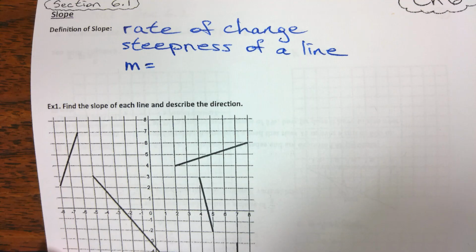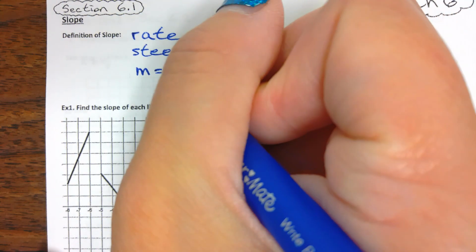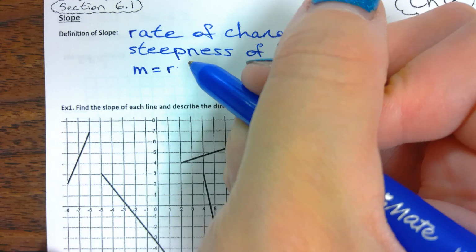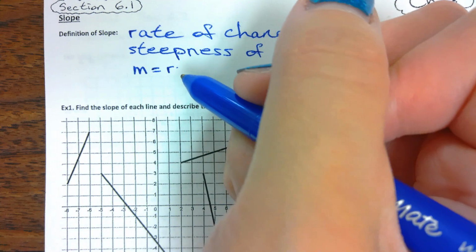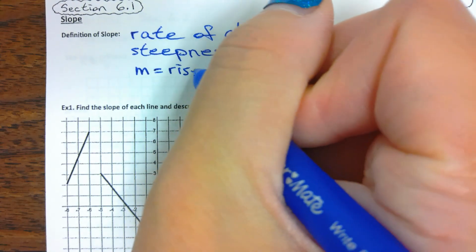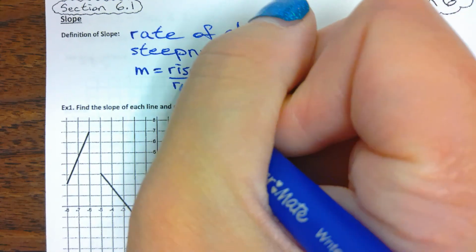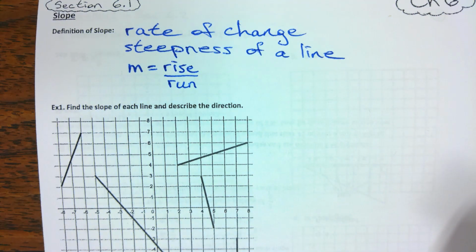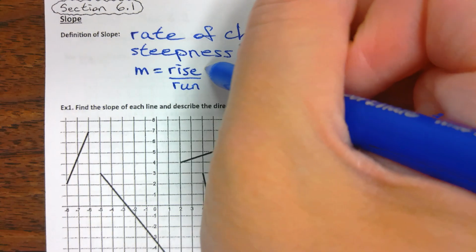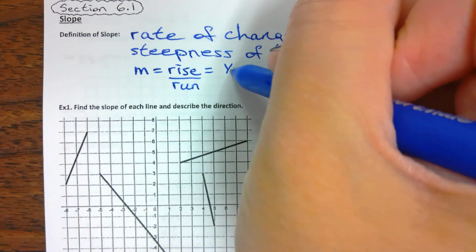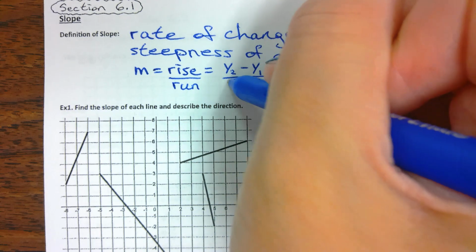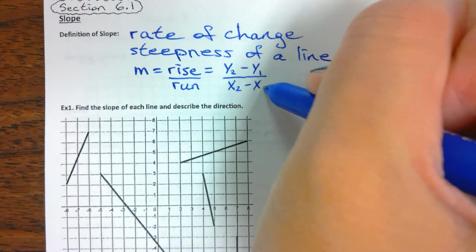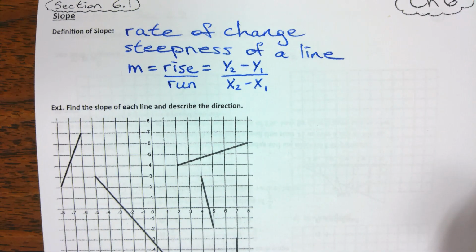M equals y minus y divided by x minus x. Okay. So the delta, you're thinking about the delta. But if you're given it in a graph, you can simply do rise over run to count the number of boxes. If you're given coordinates, you can use y2 minus y1 over x2 minus x1 if you're given points in coordinate form.